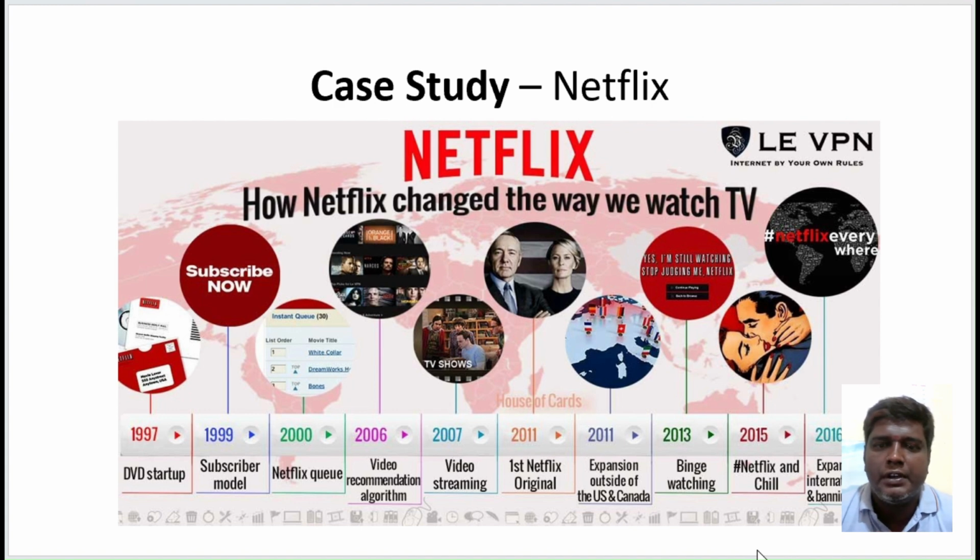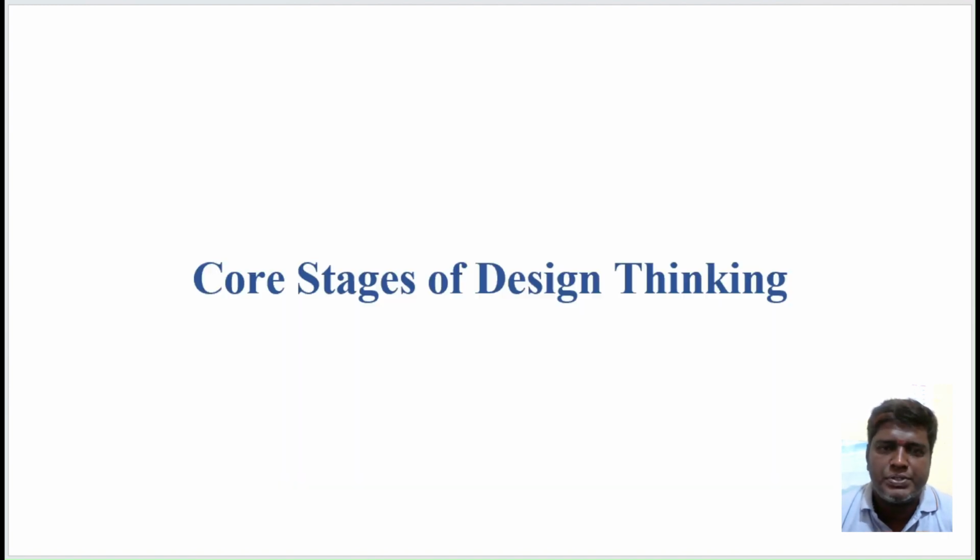These changes occurred based upon the need and demand of the customers. So this is why we say design thinking is always very supportive for a business.